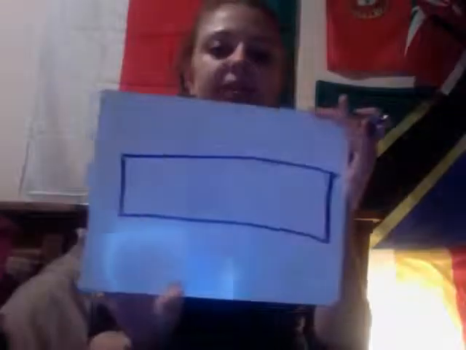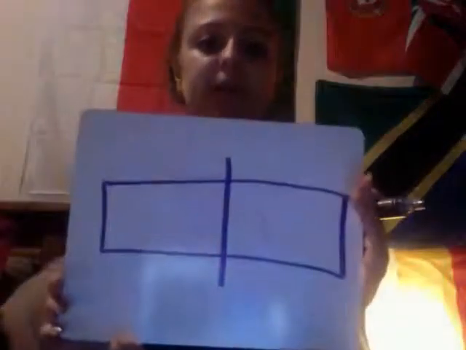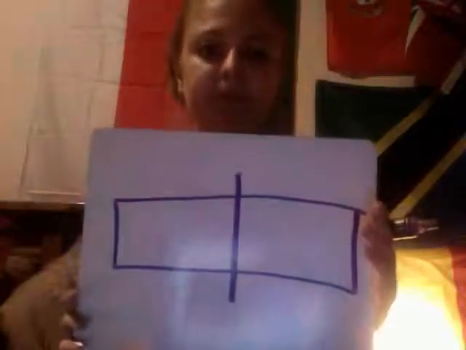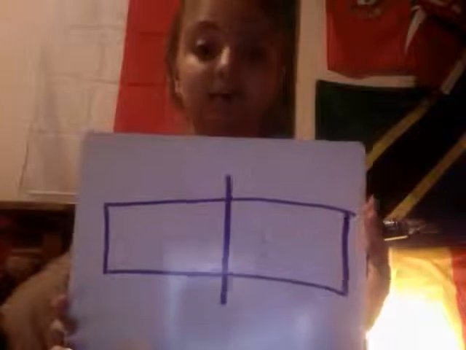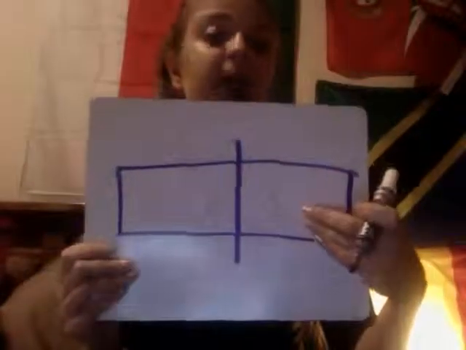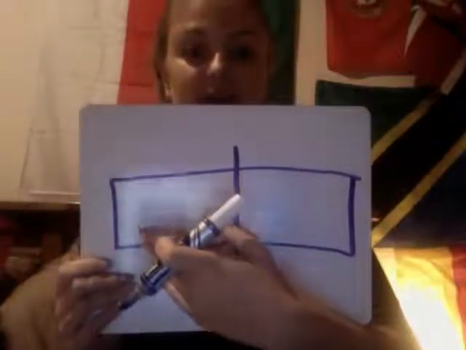Okay, there's my shape. Would that be a line of symmetry? Yes, it would, because if I look on this side, it looks just like it does on this side. Okay, one more.